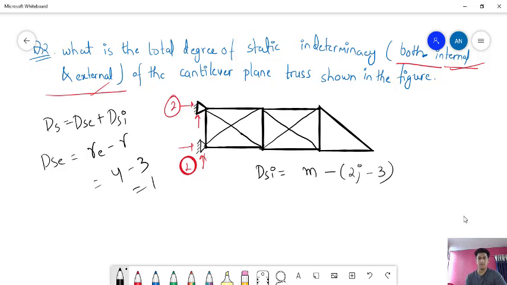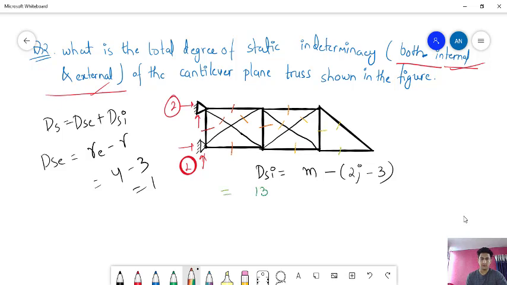This is the formula you must remember. So calculate the members: 1, 2, 3, 4, 5, 6, 7, 8, 9, 10, 11, 12, 13. So the number of members is 13.